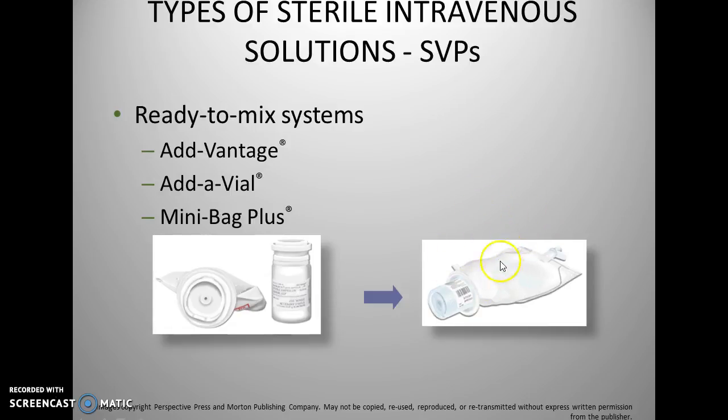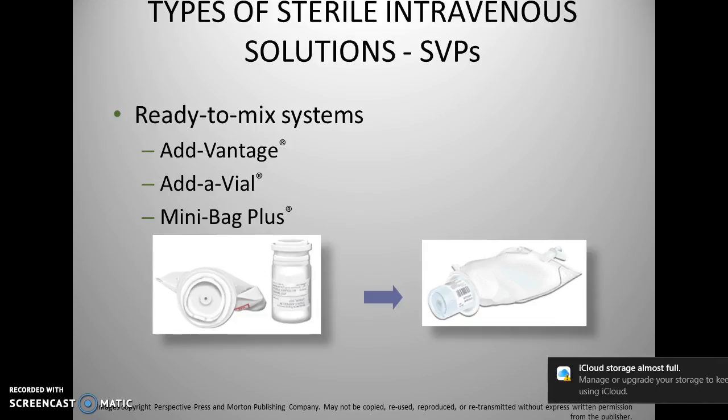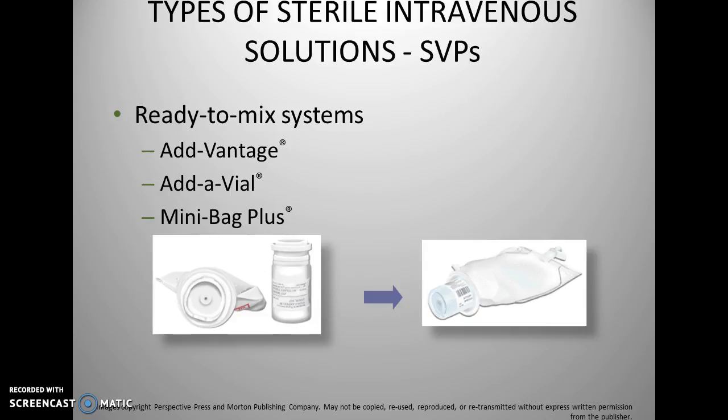The resulting mixture is referred to as the admixture. The major advantages of ready-to-mix systems include significant reduction in waste, and a low potential for medication error because the drug vial remains attached to the mini bag and can be rechecked if necessary. Okay, and you have different types. One is called Advantage, Add-Vantage, Mini-Bag Plus, and CRISP, which stands for Controlled Release Infusion System.